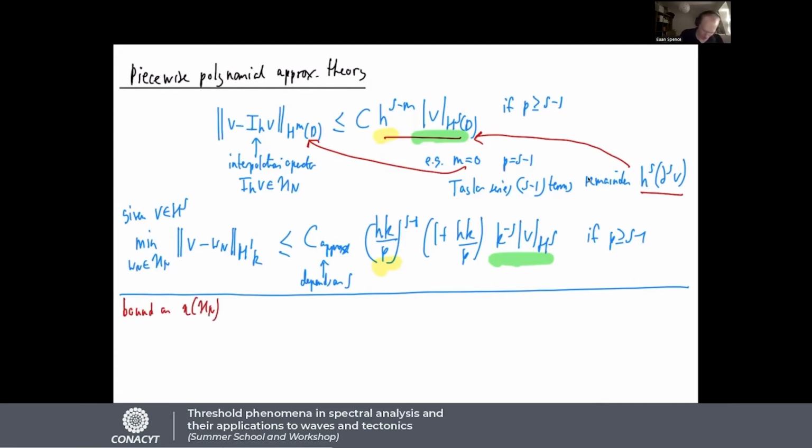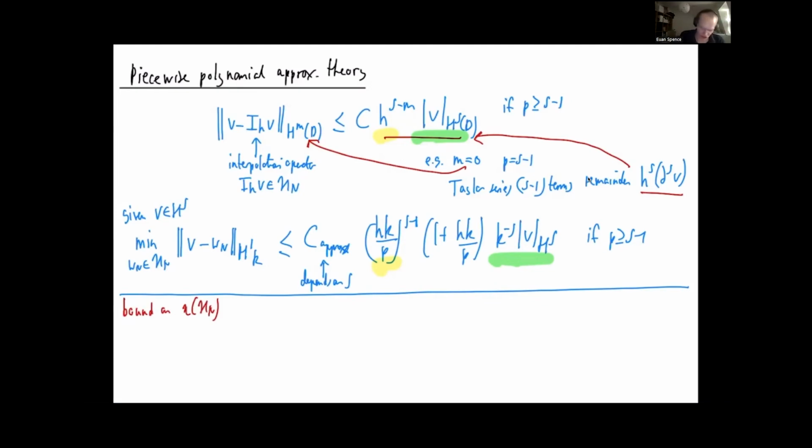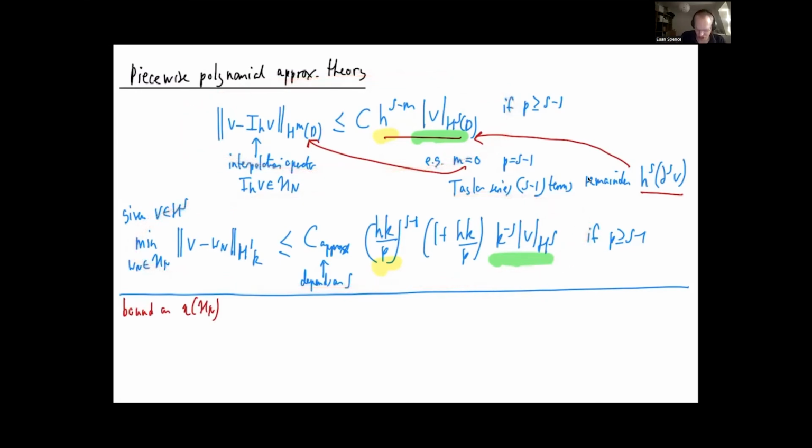Okay, so remember. Can I ask a question? Yeah, please. This is just so I follow what's coming. Am I supposed to see the effect of the pollution already in some of that stuff that you wrote? No. You should just think of this as some fancy k-weighted version of this. It's basically just Taylor's theorem, but I want a k to the minus s here.